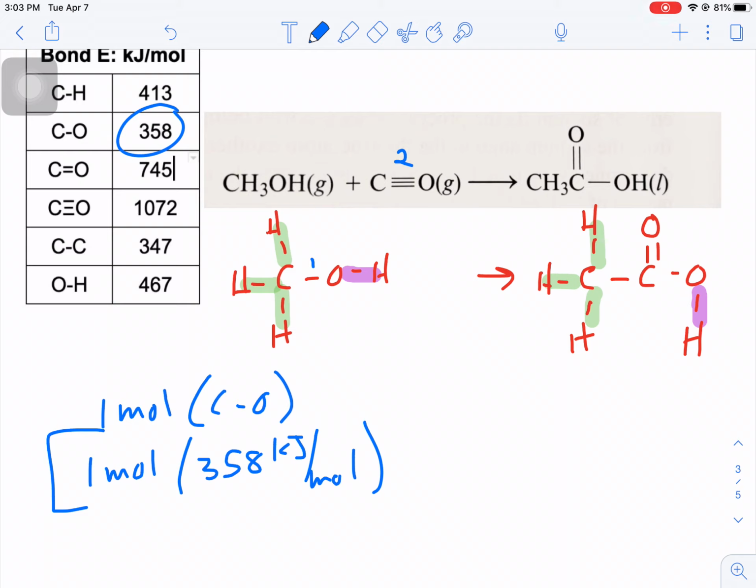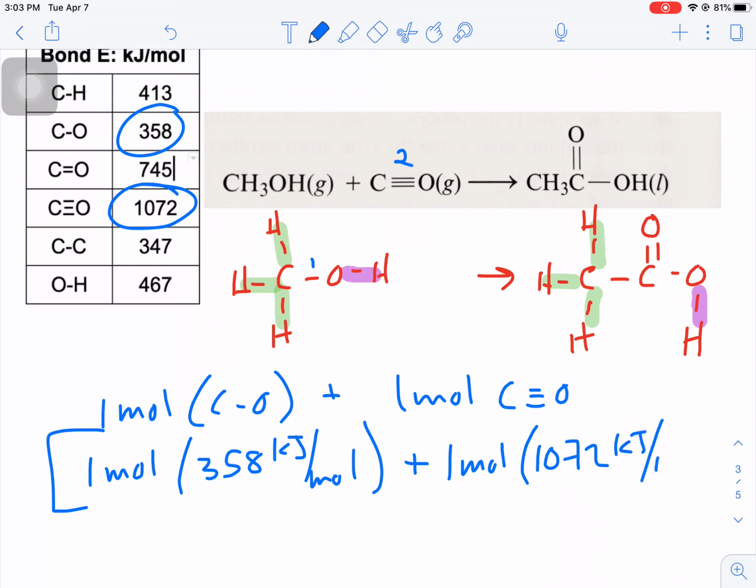Then we're going to say plus 1 mole of carbon monoxide. So that's going to be a triple covalent bond. So we come up here and we say, okay, here's our triple covalent bond for carbon and oxygen. So 1 mole of carbon monoxide, it's going to take about 1,072 kilojoules to break all of those bonds.